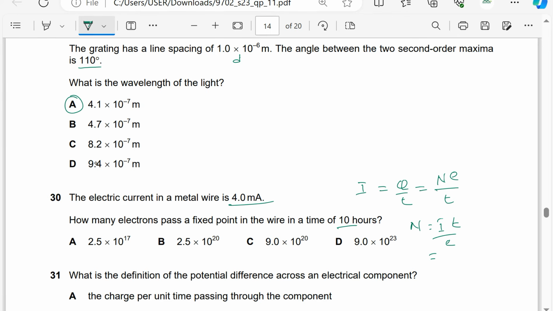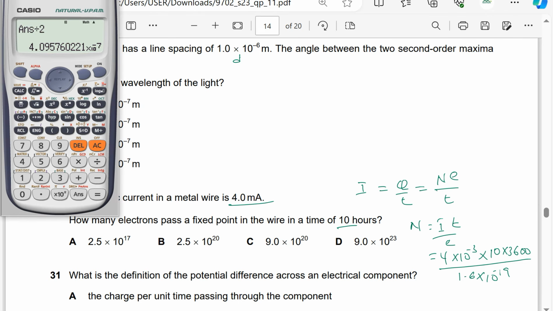So I is 4 times 10 power minus 3, times 10 hours, that is 10 times 3,600 to change it to seconds. The charge of one electron is 1.6 times 10 power minus 19. So I have 4 exponent minus 3 times 10 times 3,600 divided by 1.6 exponent minus 19.